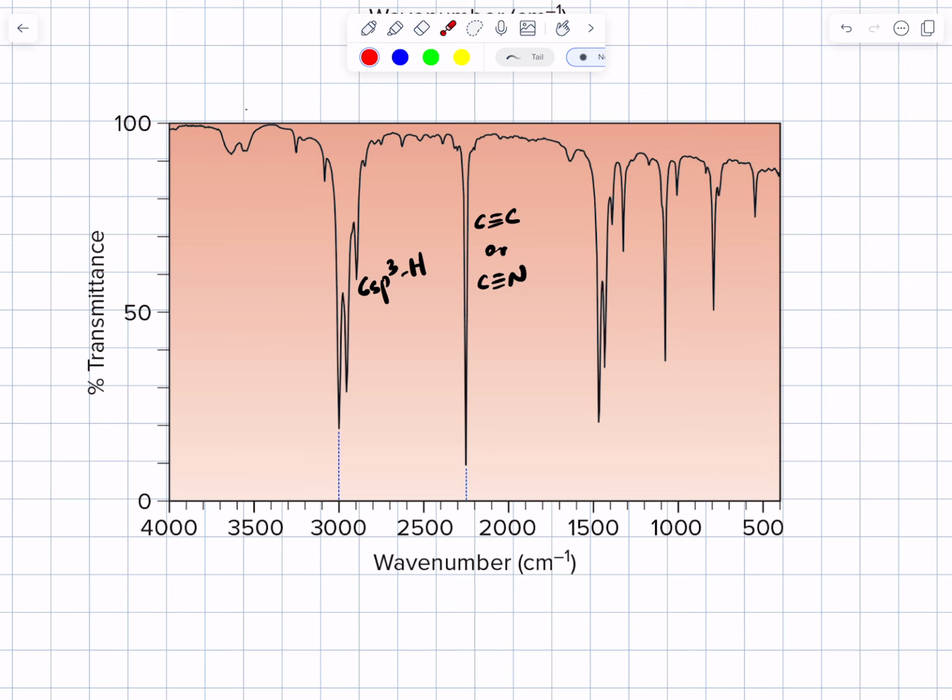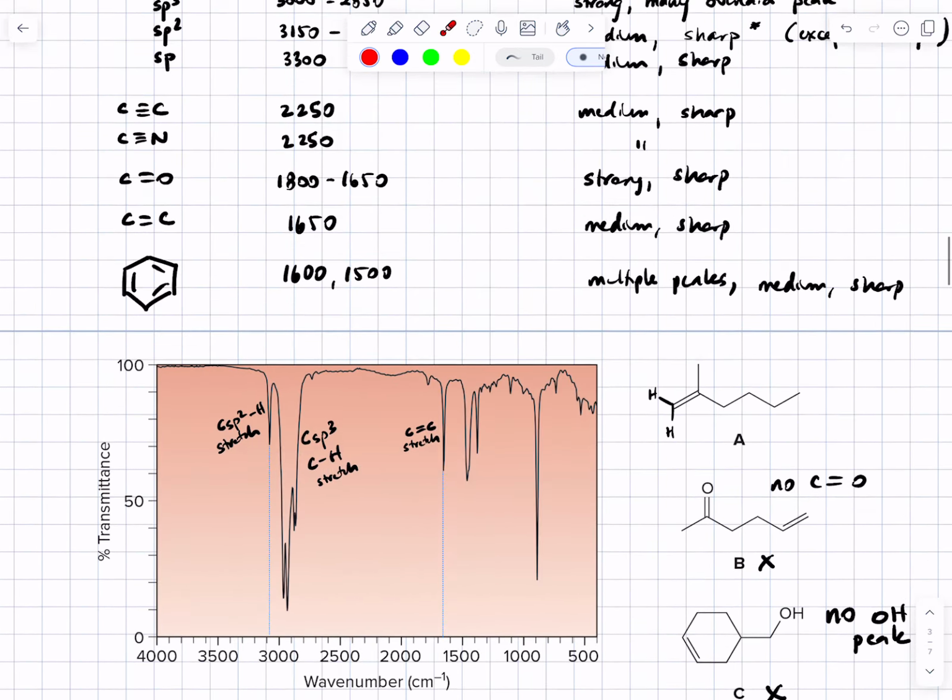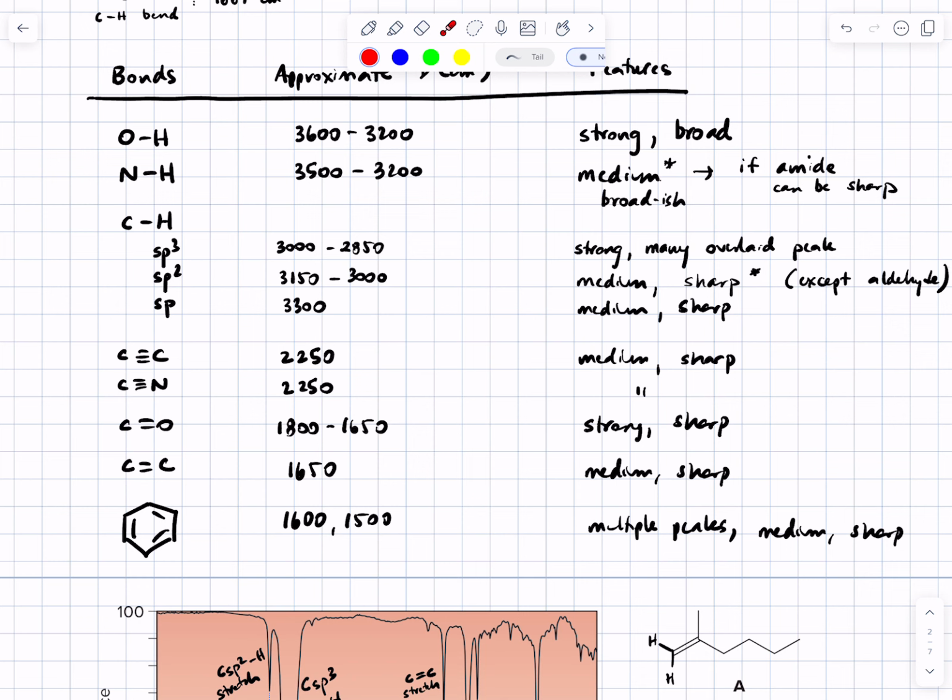Didn't we think that the triple bonds were medium? Yes, we said that they were medium. I guess there's some context there. That might actually distinguish between a carbon-carbon or a carbon-nitrogen. It's possible this is a nitrile. And again, I guess you're seeing that these terms are necessarily qualitative.